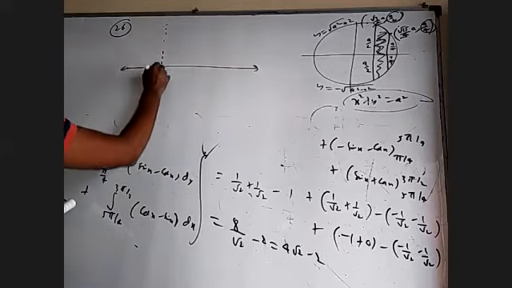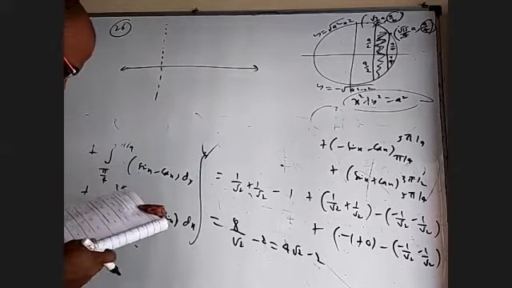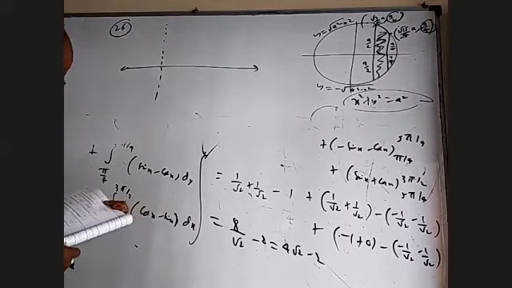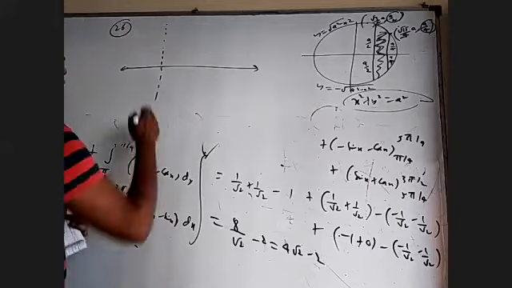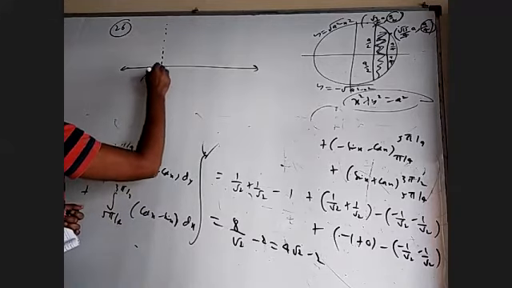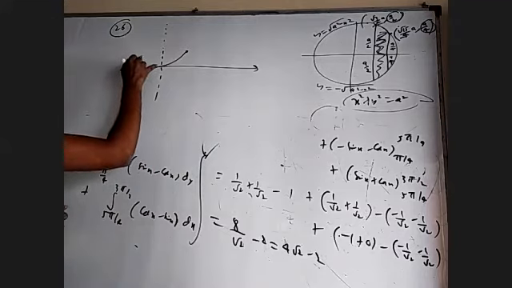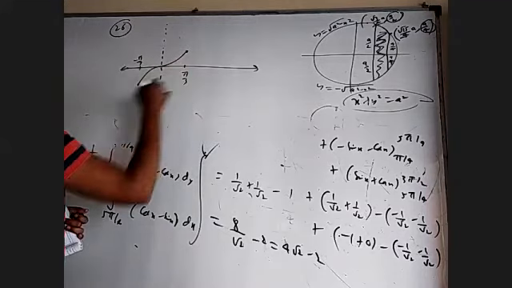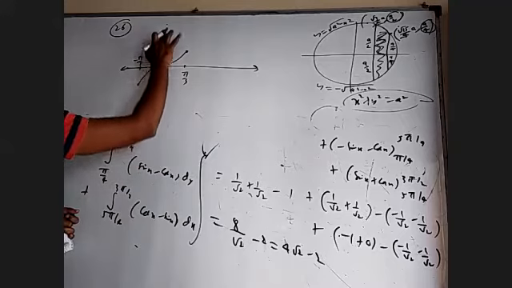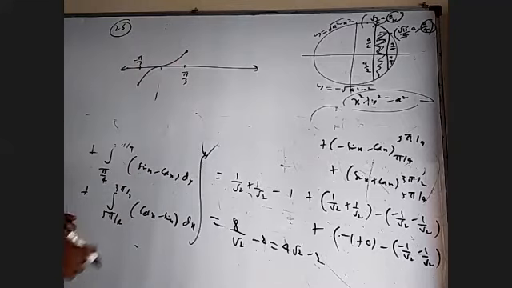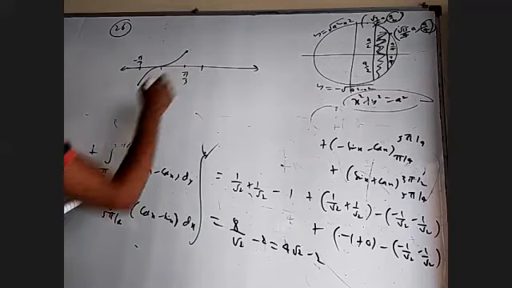Y-axis I will only draw for reference, but y-axis is not there in the question. Tan x between minus pi by 3 to pi by 3, we know it is some kind of graph like this. This is minus pi by 3 and this is pi by 3. Y-axis is only reference, leave it. And pi by 2 will be somewhere here.